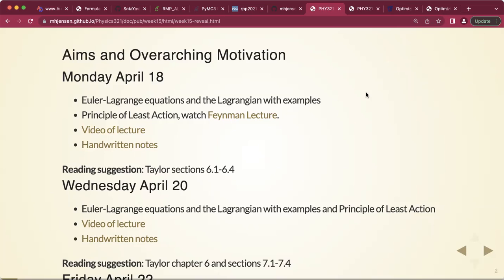The bonus with what we are going to do today is that we are going to obtain interesting physics information by just starting with kinetic energy and potential energy. And that's pretty neat.